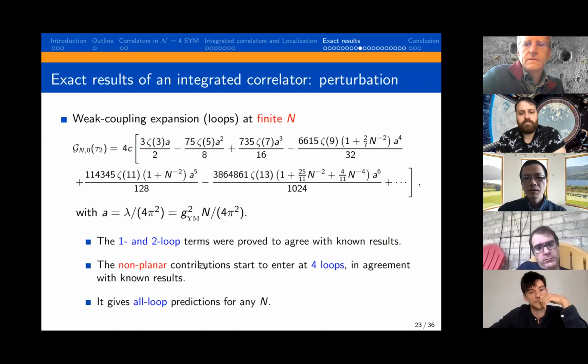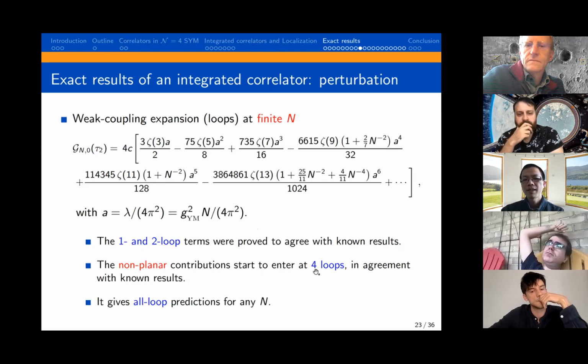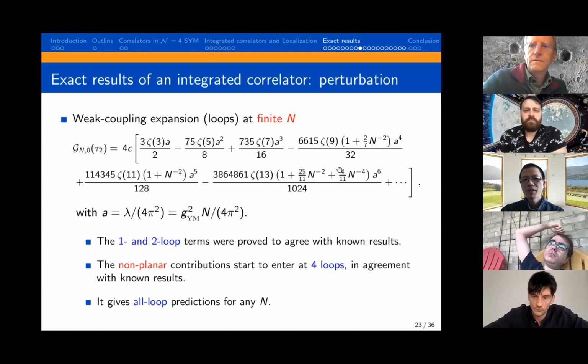The other property I already mentioned is a known fact. People found that for this 4-point correlator, the non-planar contribution only starts at 4 loops. That's a non-trivial fact, and indeed we see that the non-planar term starts to enter here. In fact, the next non-planar terms always enter every 2 loops.